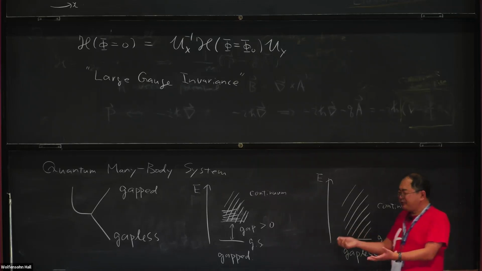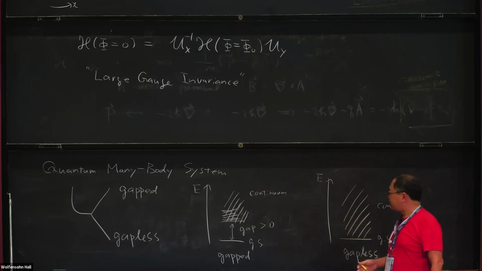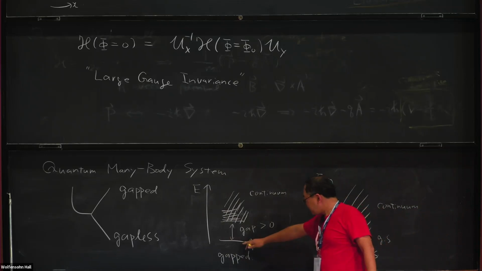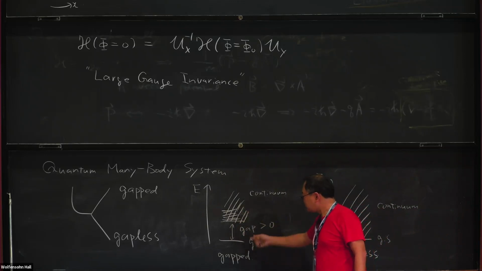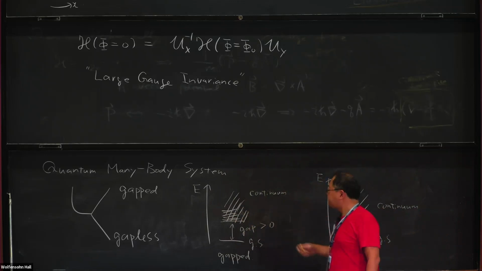But if you have an insulator, then you have to apply a sufficiently large electric field to produce electric current, which means that the ground state is more stable or robust against external perturbation, which means that it's protected by the gap. So basically, you need to give the system energy more than this gap to create any excitation.